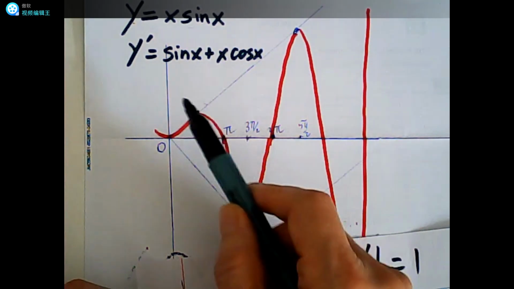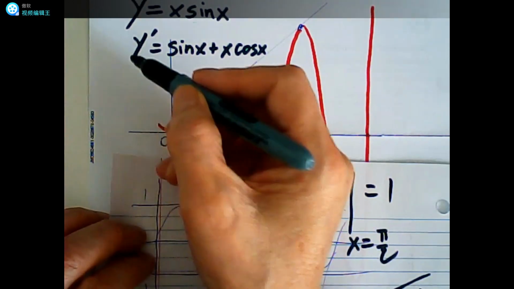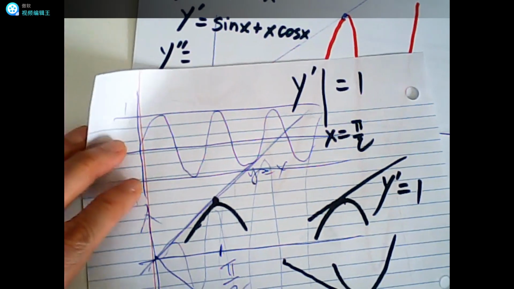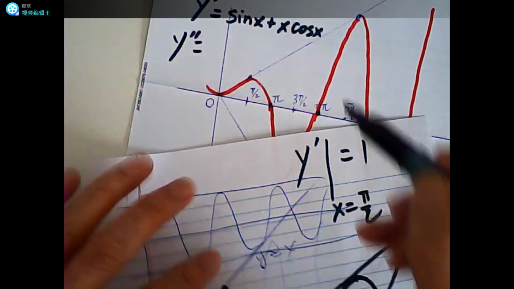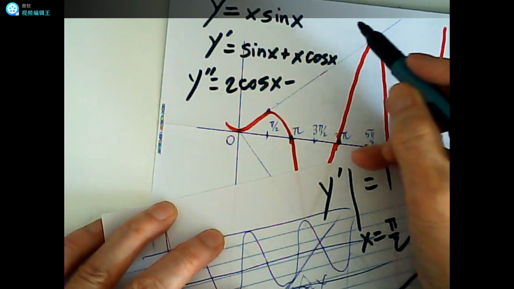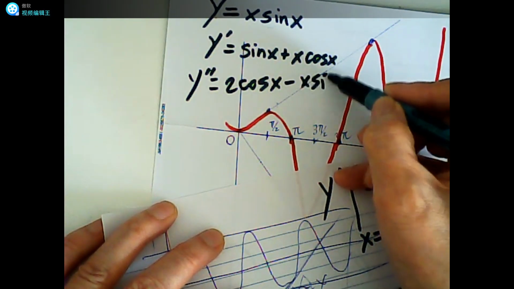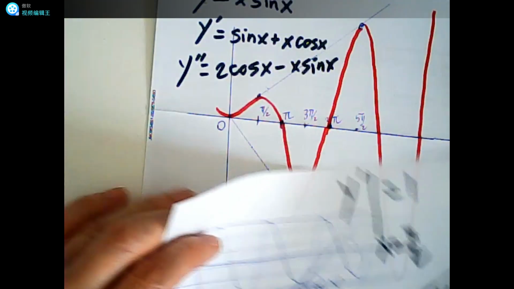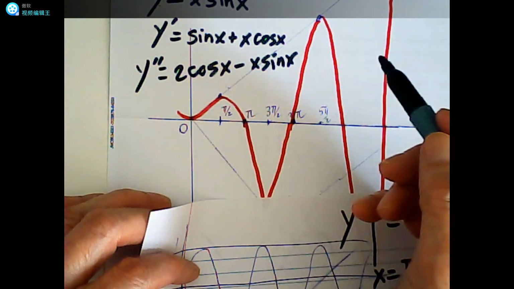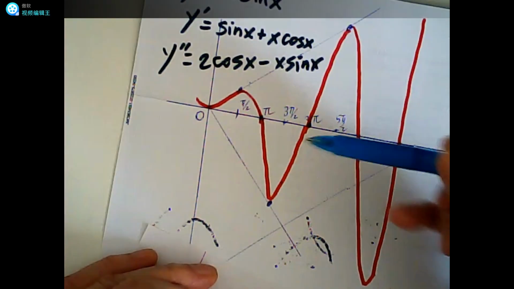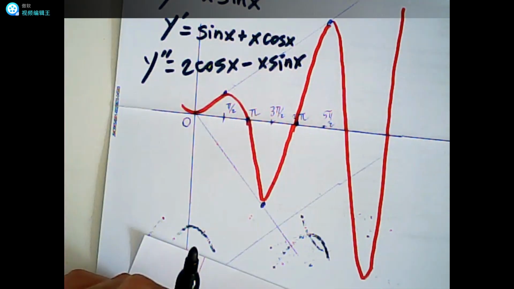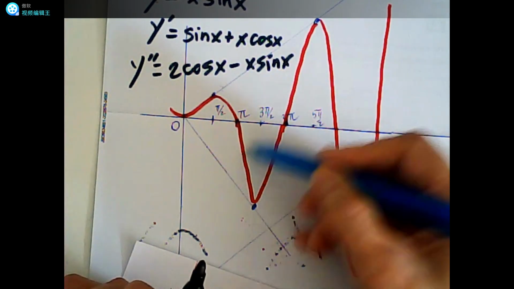Okay, now you can take the second derivative. The second derivative is equal to 2 cosine x minus x sine x. Well, when this is 0, we're supposed to have a point of inflection. So we solve this equation for x, setting it equal to 0, and then we get those points.